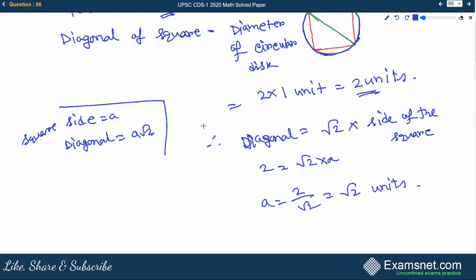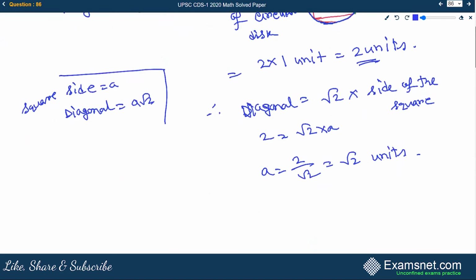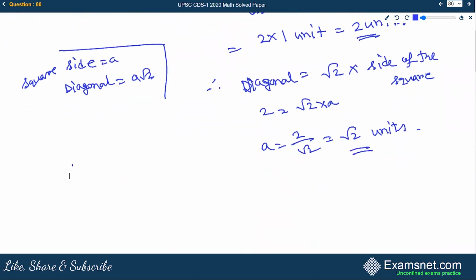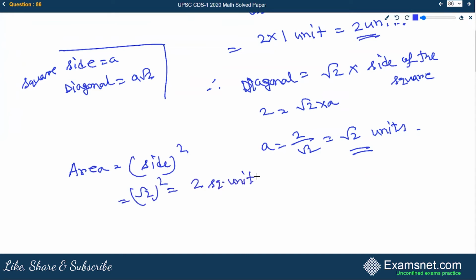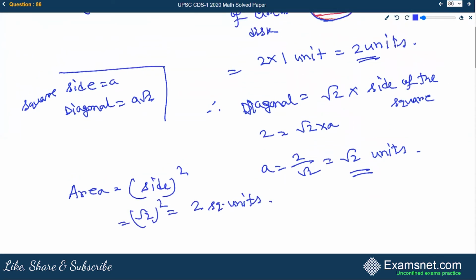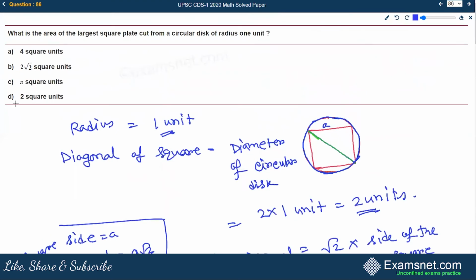So we got the side of the square, root 2 units. Now area is side whole square. So root 2 whole square, that is 2 square units. So area of the square we got, that is 2 square units. Option D is the correct answer.